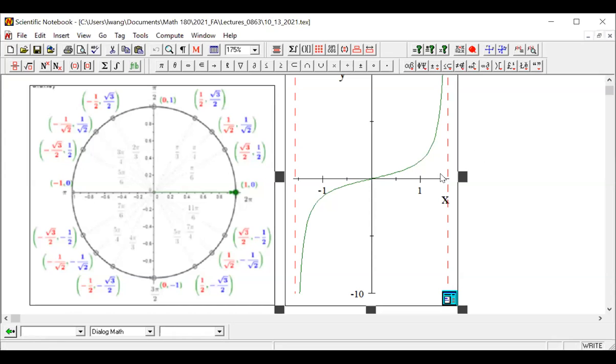Take an example from A to D. For example, take A equal to pi over 4. We measure from the standard position, counterclockwise, pi over 4.